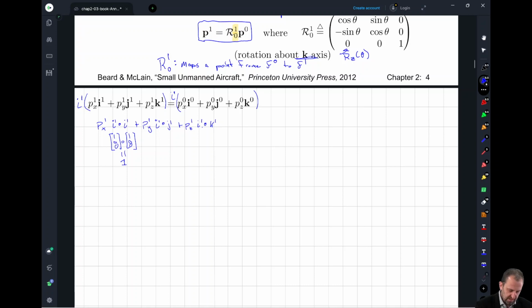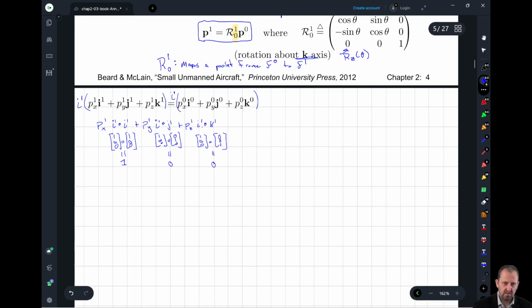The second is 1, 0, 0 dotted with 0, 1, 0, which is equal to 0. And the third is 1, 0, 0 dotted with 0, 0, 1, which similarly gives us 0. In other words, this left-hand side is just equal to Px1.